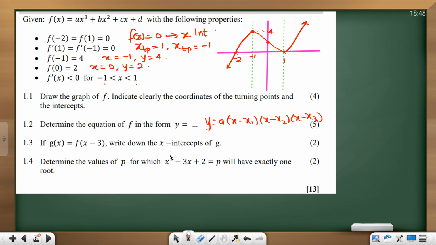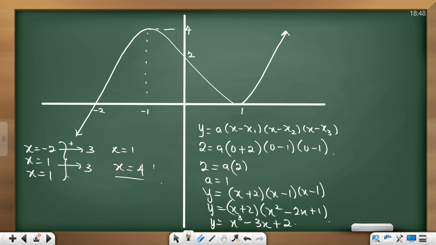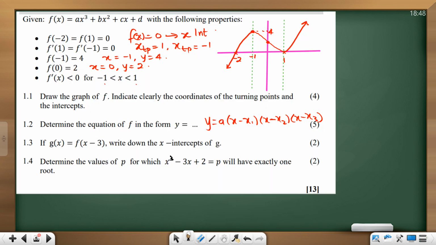Determine the values of p for which x cubed minus 3x plus 2 equals p will have exactly one root.